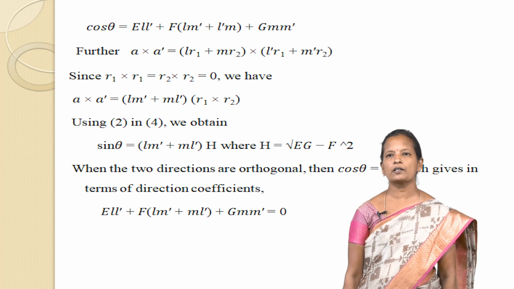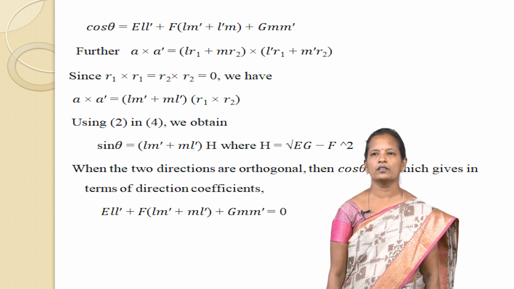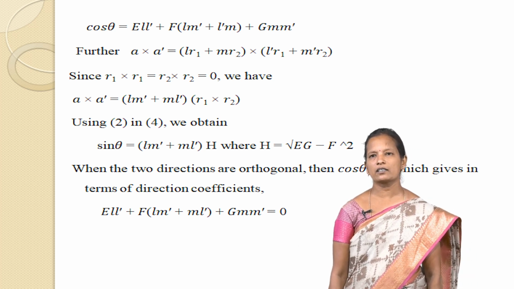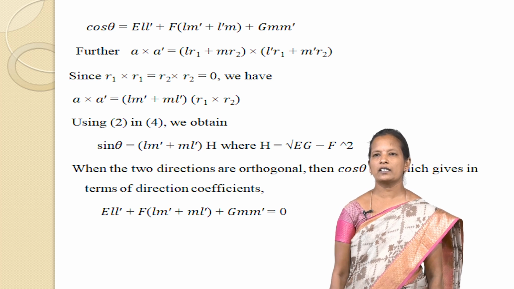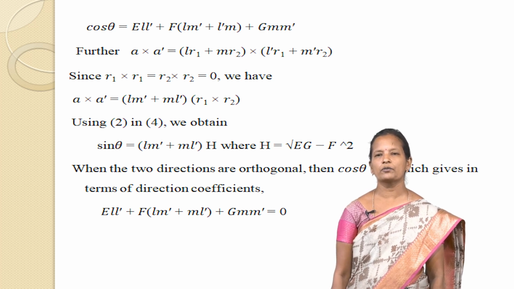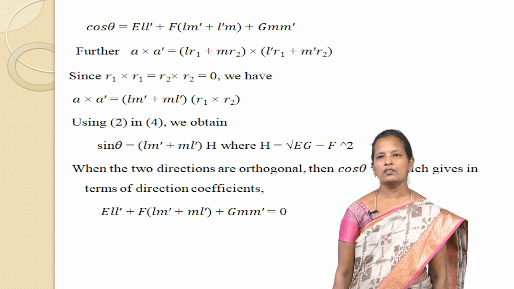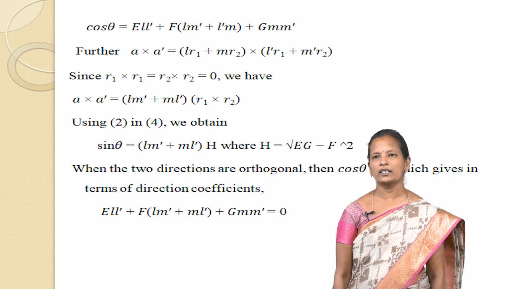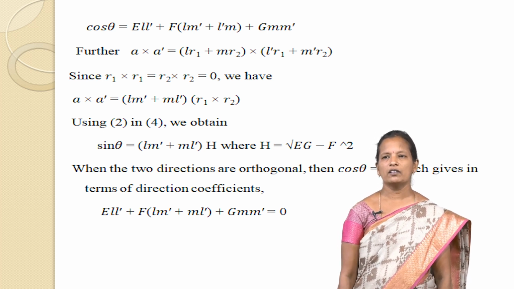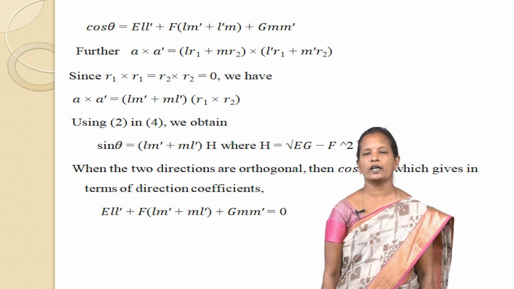So R1 cross R1 and R2 cross R2 is equal to 0. I have A cross A dash equals L m dash minus L dash m into R1 cross R2. Using 2 in 4, we obtain the value sin theta is equal to L m dash minus L dash m into h, where h is equal to square root of EG minus F squared.